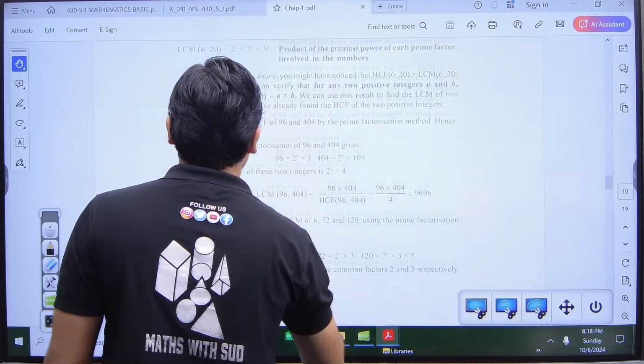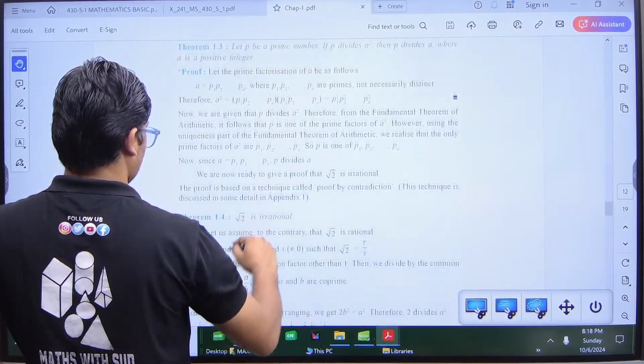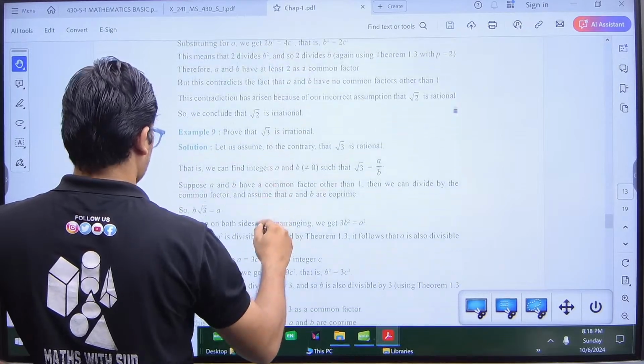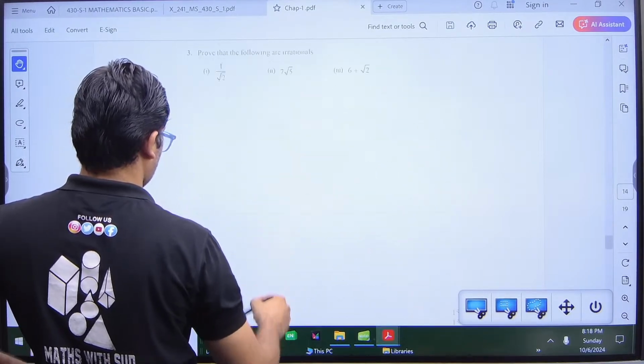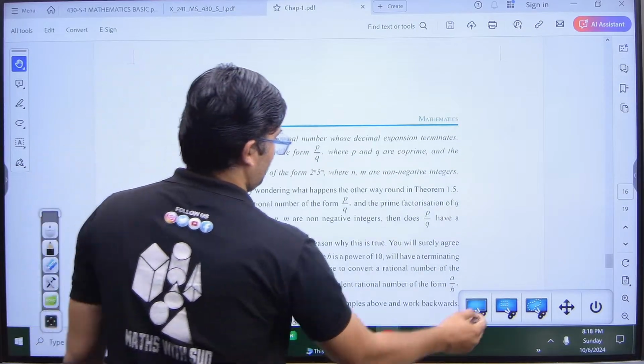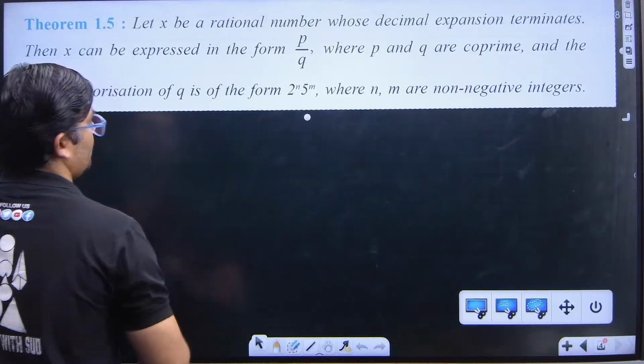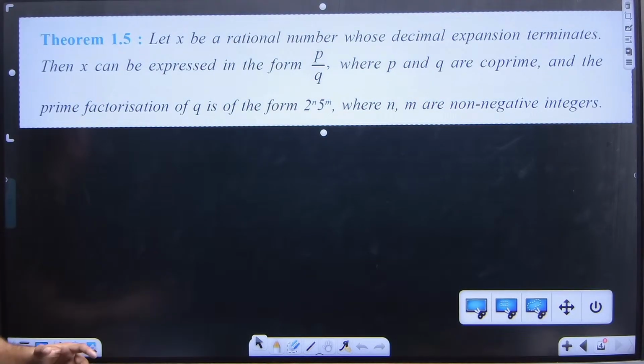And we will try to understand that part. Okay. So I want you to write this theorem as it is. And till the time you are writing it, I will explain you as well.